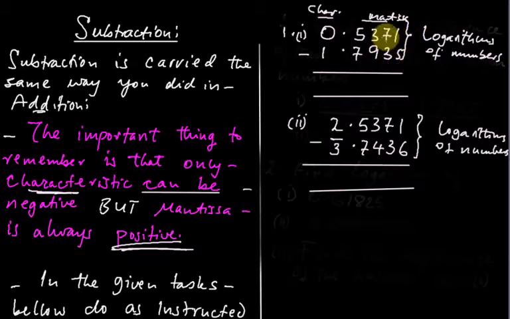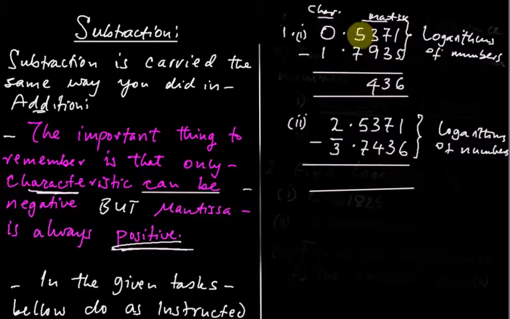You pick 1 from 7, it becomes 11 minus 5 gives you 6. 6 minus 3 is 3. 3 minus 9 is impossible. Pick 1 from 5, you have 14. 13 minus this, you get 4.